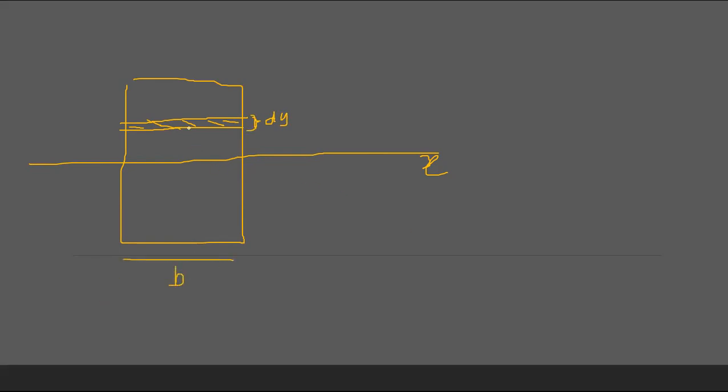So for this element, you have the distance to the centroid y. This is like a line, right? This dy is very small, so this y is many times larger than this dy. So you don't need to consider y plus dy by 2. Dy by 2 is very, very small. This is like a line. I'm exaggerating the view.